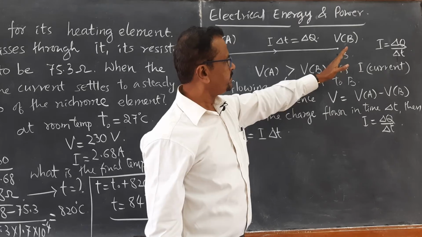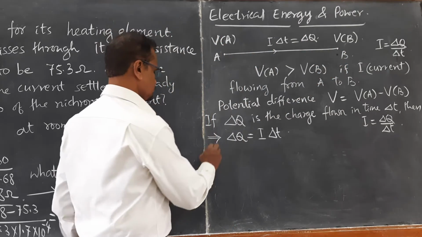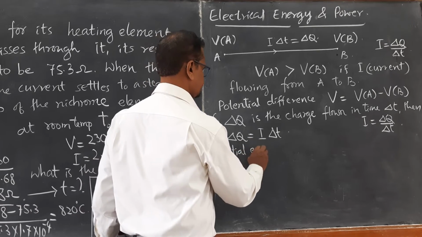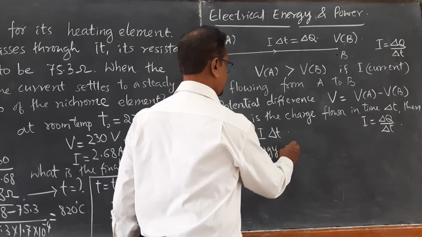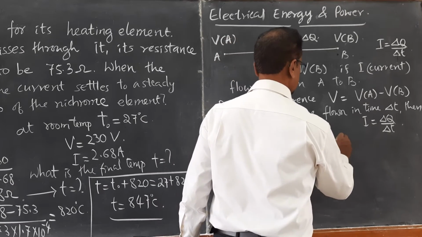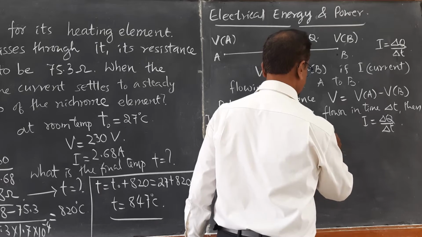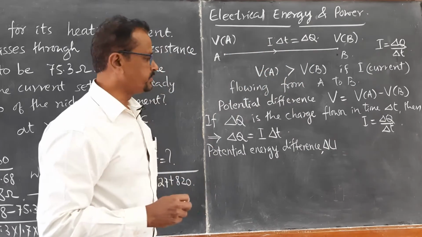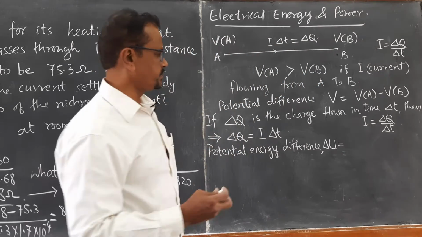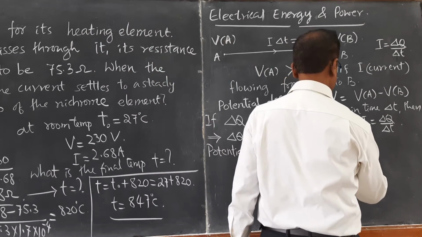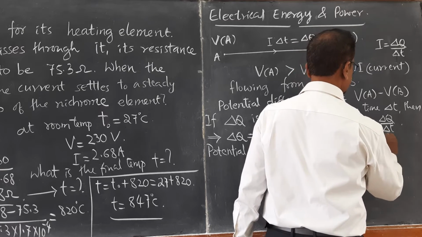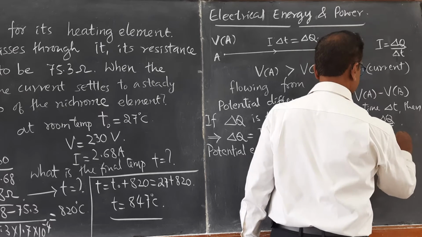Potential energy difference between A and B. If I write it as delta U, by our initial studies, we know that it is final potential energy minus initial potential energy.